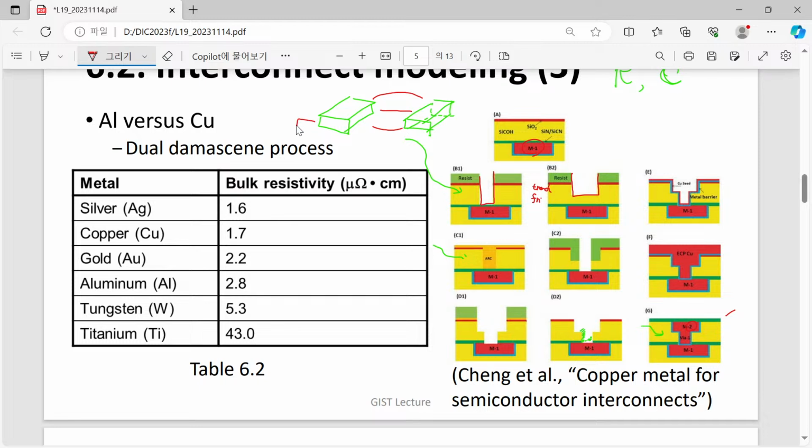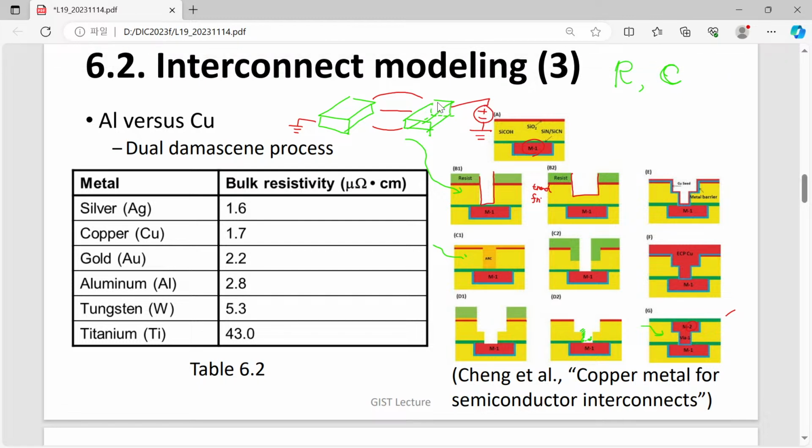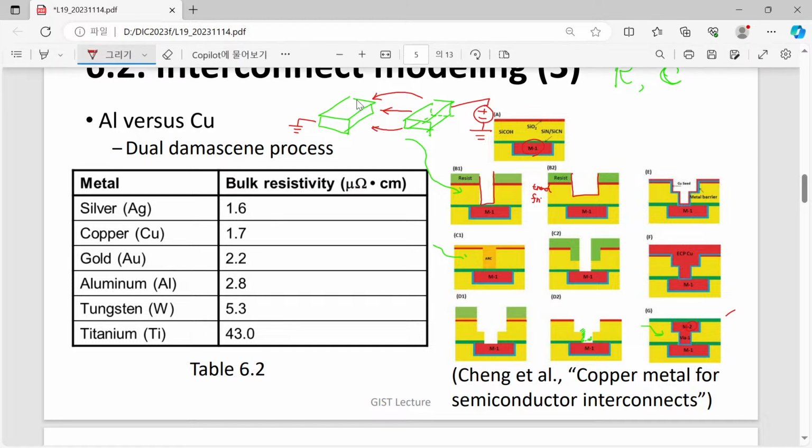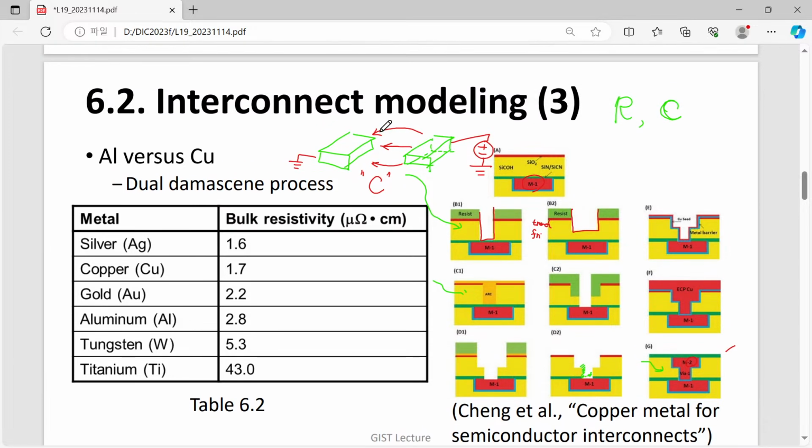For example, let's say that we have applied 0 volts to this left wire, and a positive voltage to the right metal wire. Then what will happen? Since we have a higher voltage and lower voltage, we will have a certain electric field line like this. So simply speaking, these two metal wires also introduce certain capacitance to our system. This is the origin of the capacitance we are considering right now.